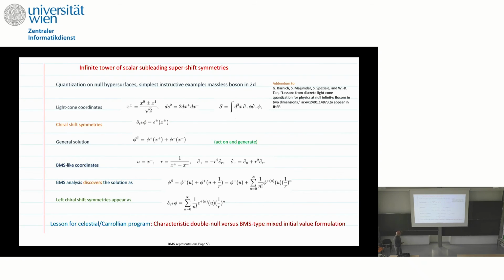If you don't do double null, these symmetries look much more complicated than they actually are, because you are discovering them layer by layer, which is clearly not the way to go. So I let you draw the conclusions of this simple observation for the celestial or the Carrollian program, and I think one should more seriously try to go away from this, if you want some things to appear transparent.